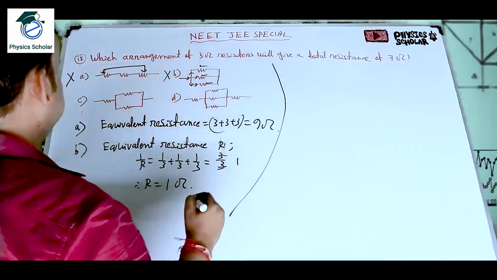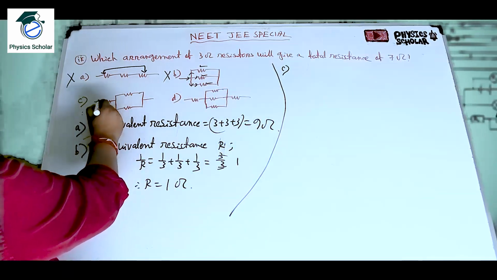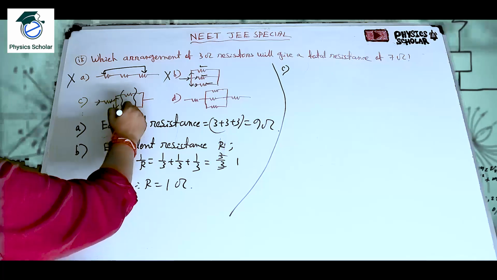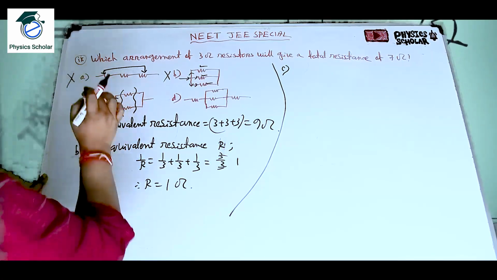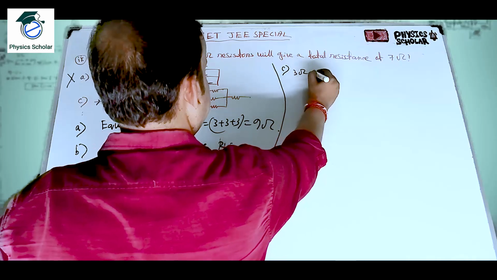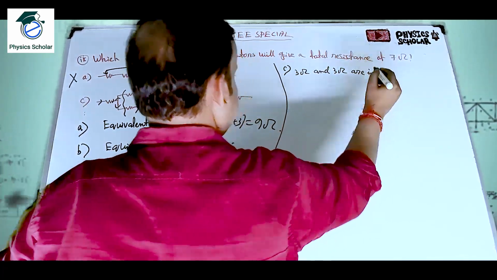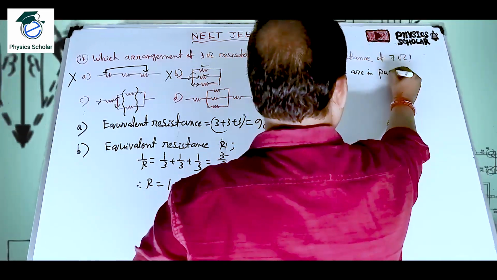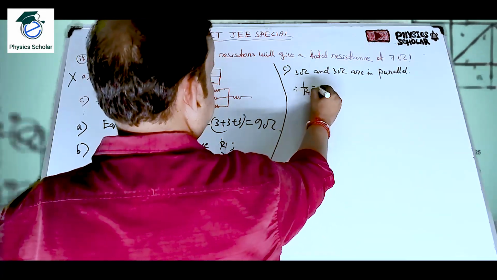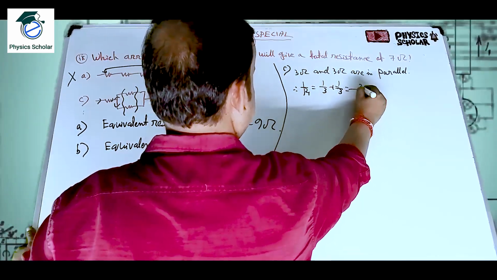Now let us move to option C. Here the current will come and it will be split over here. So these 2 are in parallel, and this is in series with them. So 3 ohms and 3 ohms are in parallel. So 1 by R1 is equal to 1 by 3 plus 1 by 3, that means with 3 as the LCM, 2 by 3.